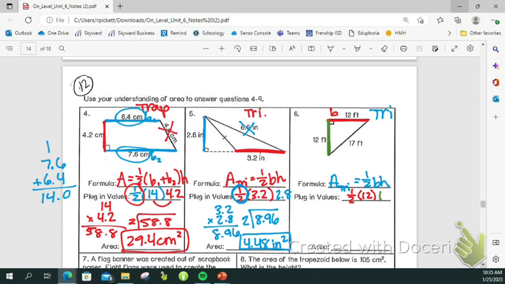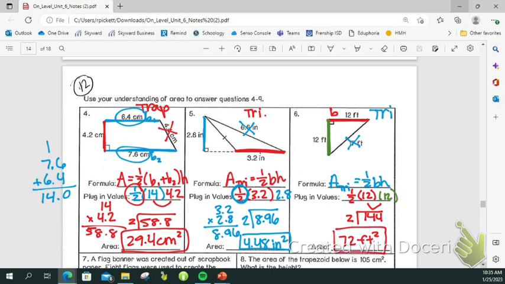So another 12. Are we going to use that 17? No. That's on a slanted line, so it is trashed. So now we've got to do 1/2 times 12 times 12. Well, 12 times 12 is 144, and half of that is 72, and our units are square feet.